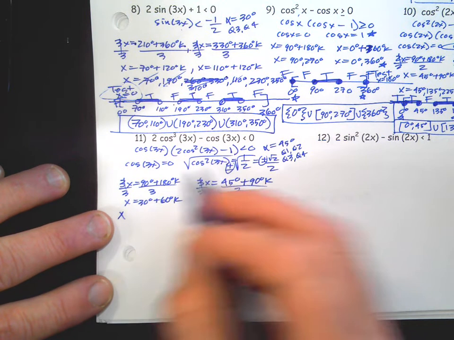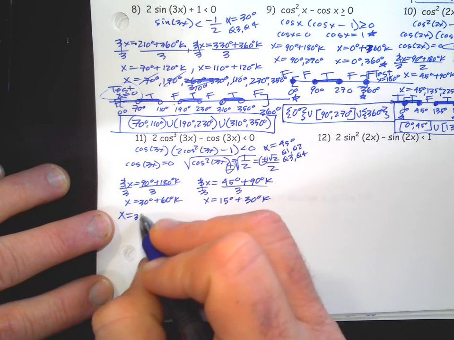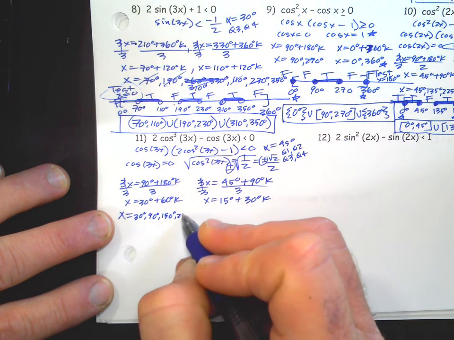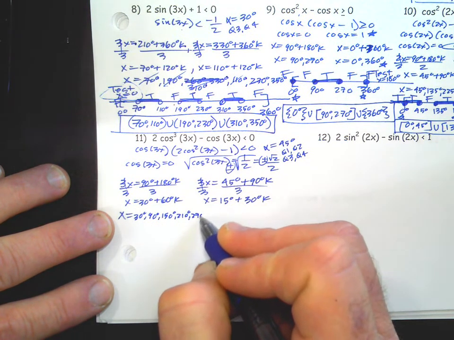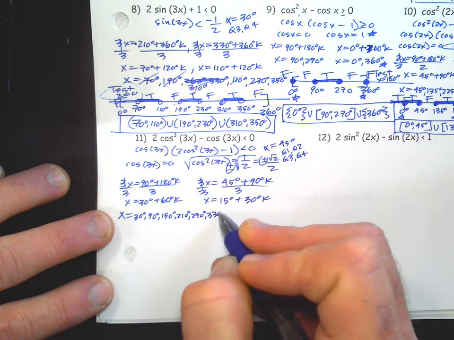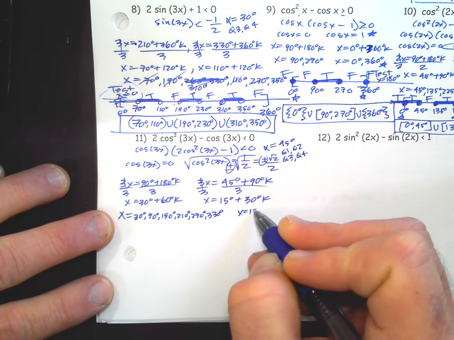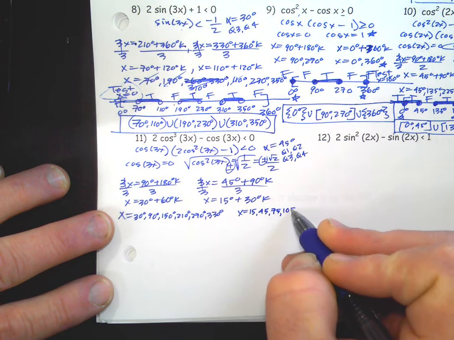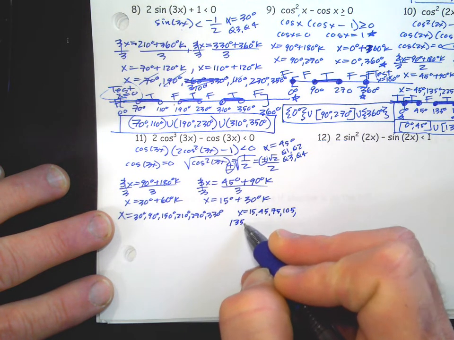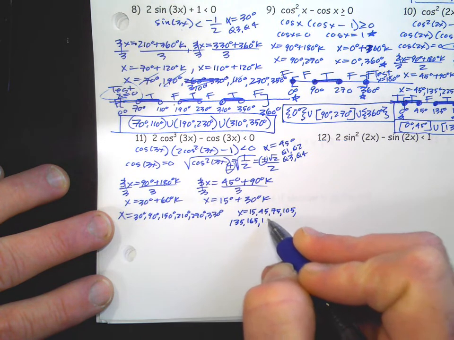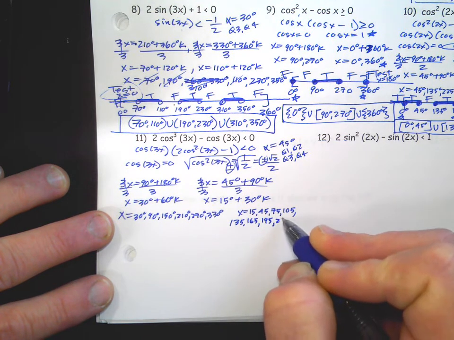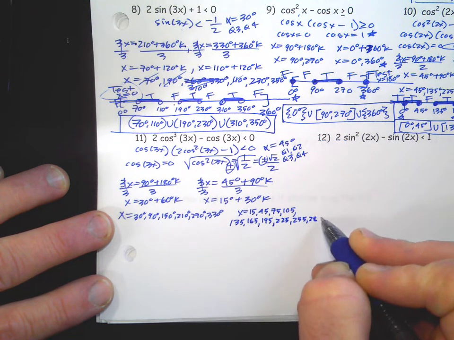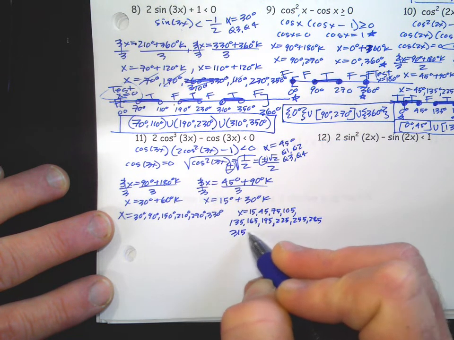Now, any bounce issues here? Nope. So we get 30, 90, 150, 210, 270, 330. And then this one's 15, 45, 75, 105, 135, 165, 195, 225, 255, 285, 315, 345.